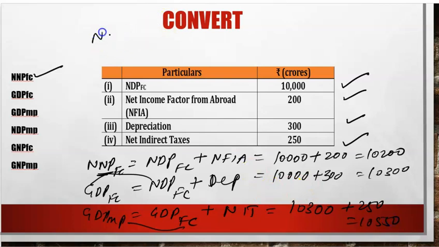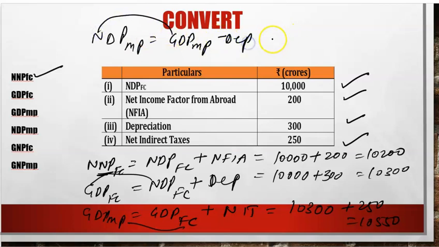Then coming to NDPMP. We already have GDPMP. So just gross to net minus depreciation. What is GDPMP? 10,550. Minus depreciation, that is 300. So 10,250 is the NDPMP.